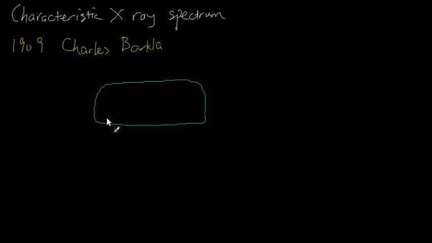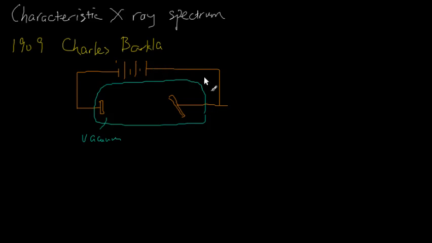We need a glass tube with a vacuum inside, and we need a negative and a positive metal plate, and a high voltage connecting them, maybe as high as say 1,000 volts or more.